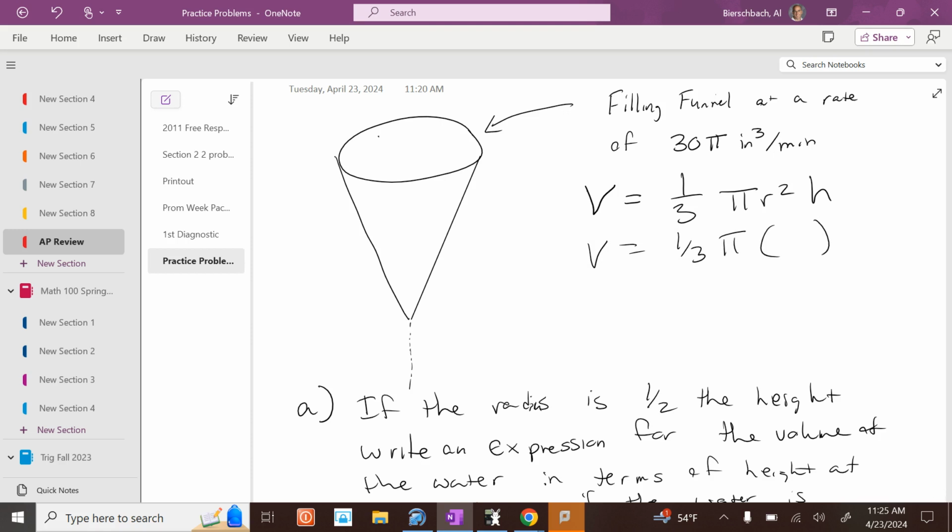How would I put that down? 1/2 h squared h. So really, the volume of this is 1/3 pi times 1/4 h squared h, or 1/12 pi h cubed.